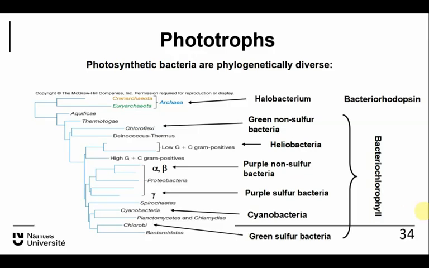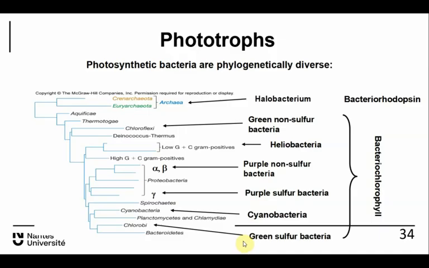Okay, just two origins. But when you look at the different types of photosynthetic bacteria amongst eubacteria on a 16S ribosomal RNA phylogenetic tree, you can see that the photosynthetic bacteria are kind of all over the place. So all of these different groups did not inherit the photosynthetic system from a common ancestor.